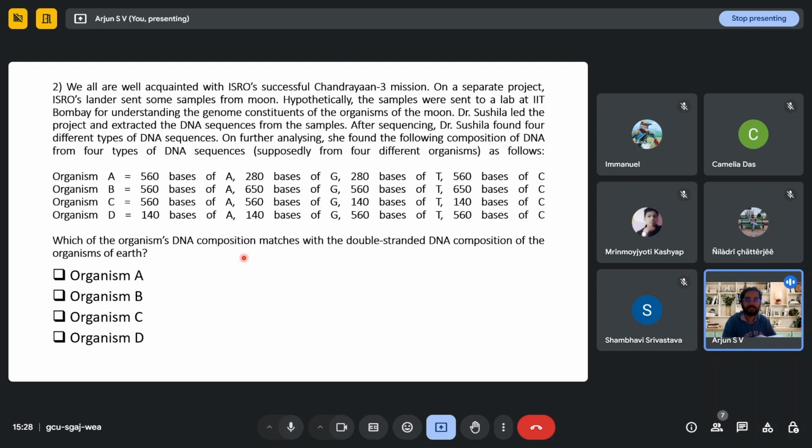I'll give you some time to solve this. Basically, you have a couple of numbers. You just have to work around and see which ones match and which ones don't. Based on that, you have to say which organism will be matching Earth's DNA composition.